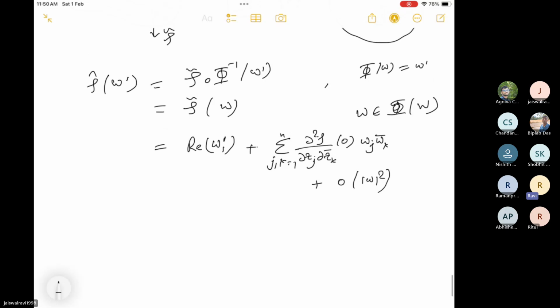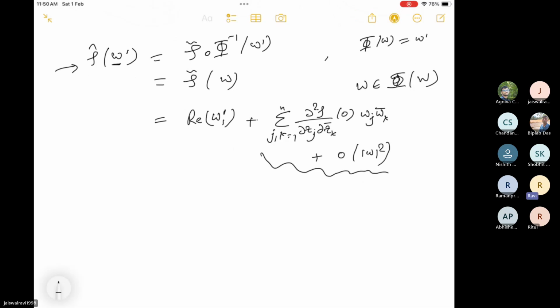So here we have to write this thing as a function of W prime, because I am taking rho tilde as a domain with respect to the coordinate W prime.